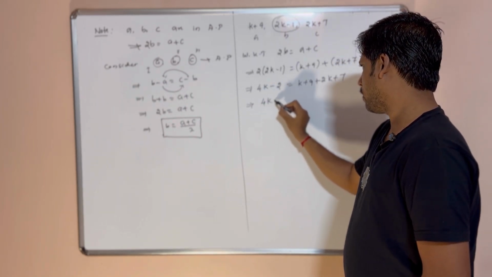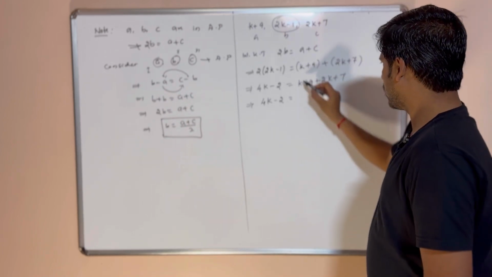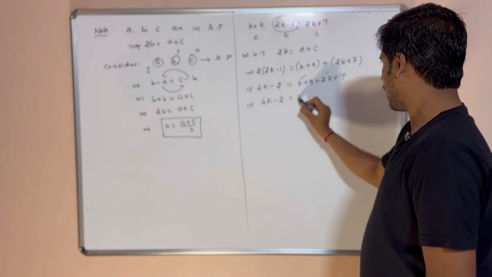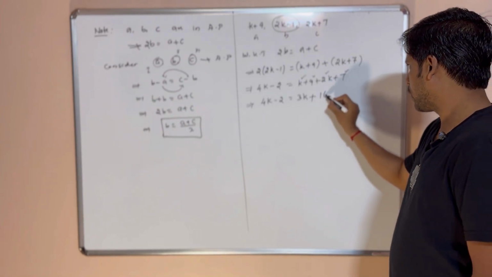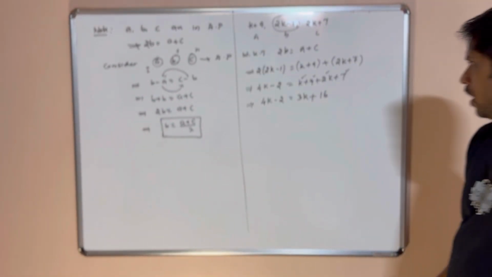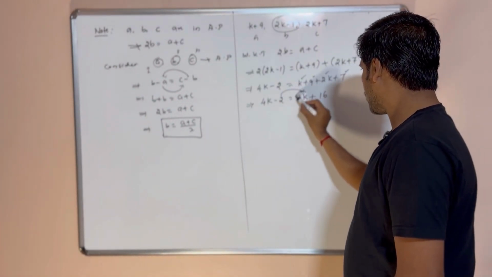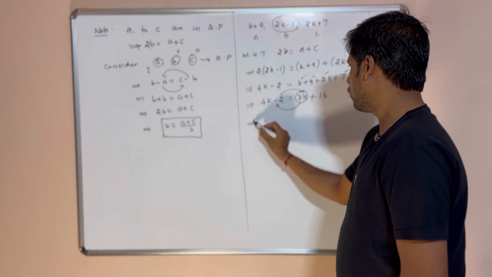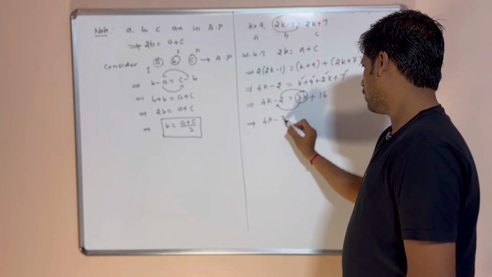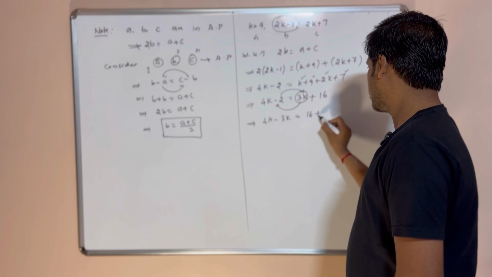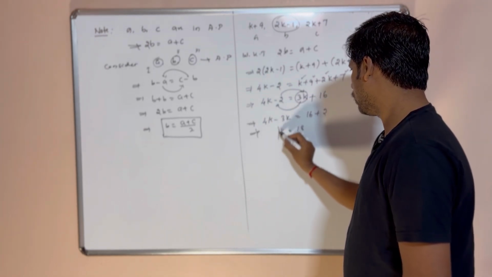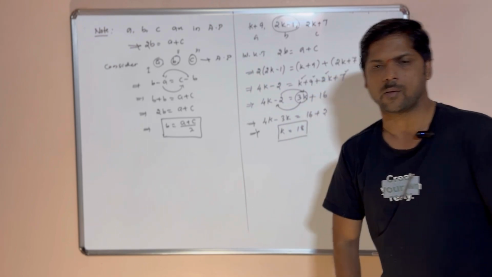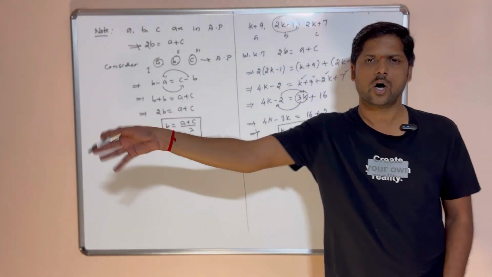So 4k minus 2 is equal to k plus 2k, 3k, 9 plus 7, 16. Now take this minus 2 to this side and plus 3k to this side. We get 4k minus 3k is 16 plus 2. Again k is equal to 18 only. So you can do it by either method, this one or else the previous one.